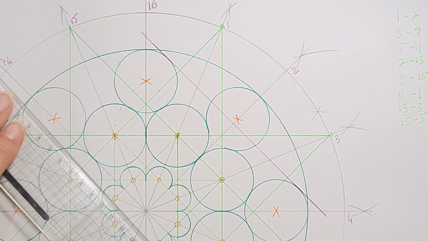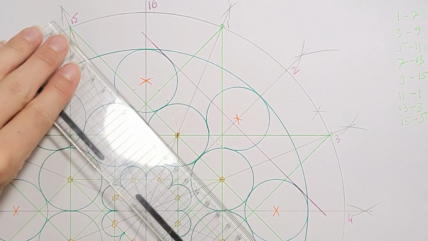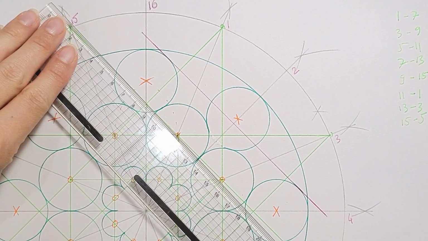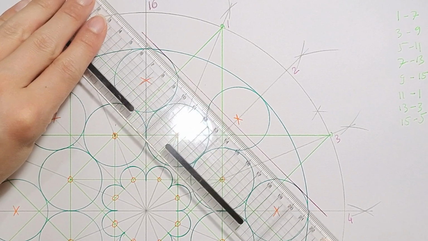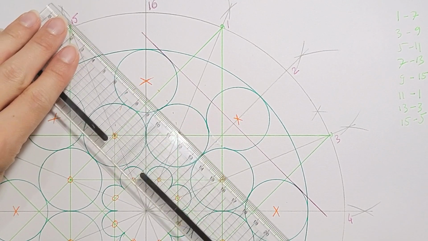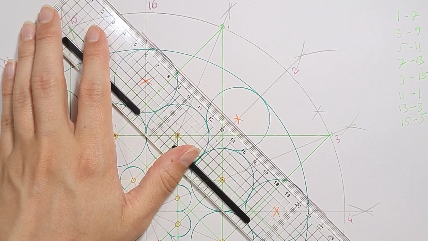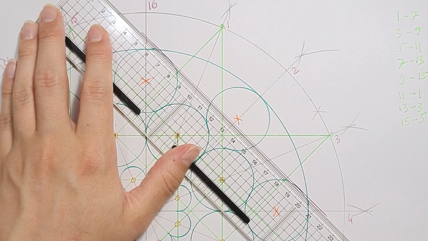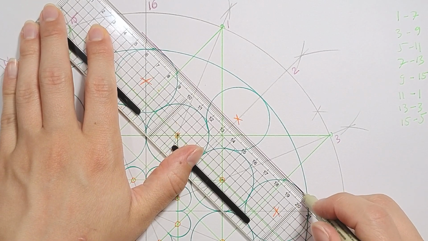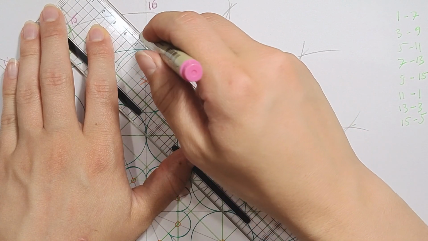And it should be sort of parallel to some of the other lines on your drawing. Yeah. So we're using the tangent to draw this line. It's tangent to those 2 circles.